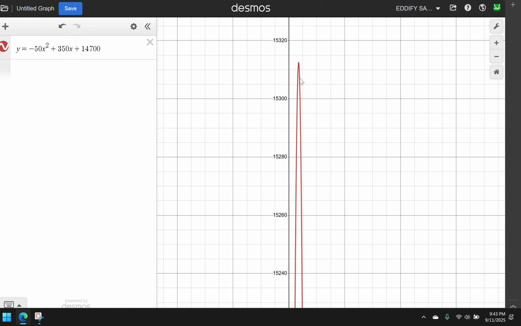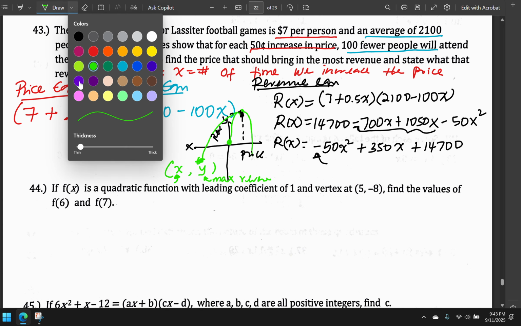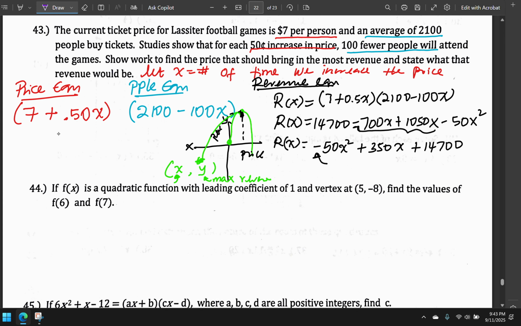So we are seeing the vertex is (3.5, 15312.5). Okay, so the vertex is 3.5, comma, 15,312.50, I think it was. I'm going to double check that.